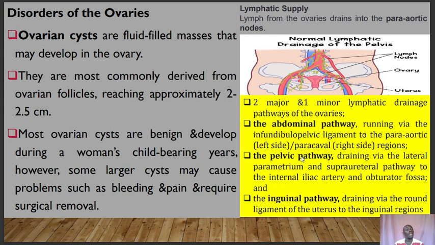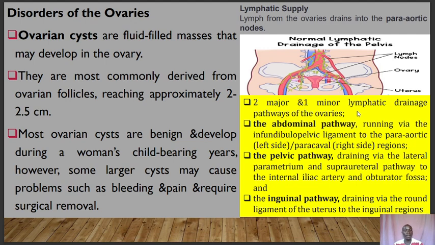We have some disorders that do affect the ovary, but maybe before that I could give you the lymphatic supply. Lymph from the ovaries normally drains into the para-aortic nodes. Studies have found that we normally have two major and one minor lymphatic drainage pathway, starting with the abdominal pathway, which runs via the infundibulopelvic ligament to the para-aortic nodes on the left side and the right side regions.